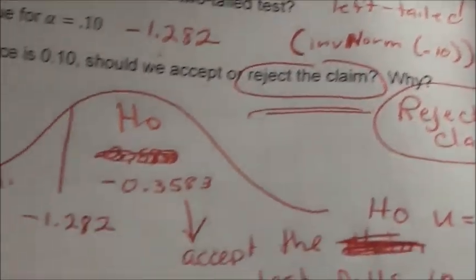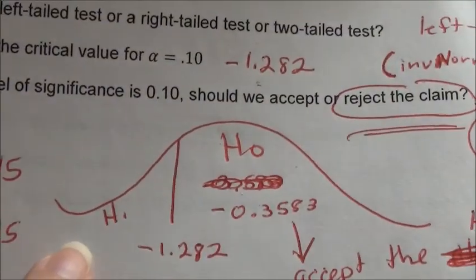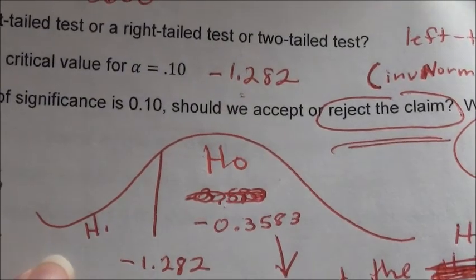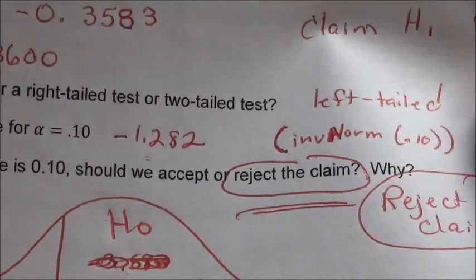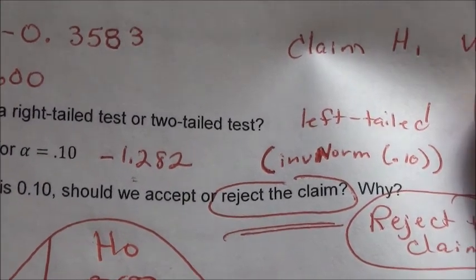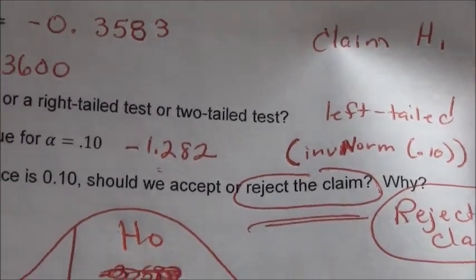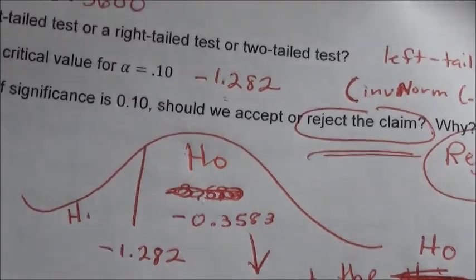If it falls in the critical region, which is the region to the left, then it would be the alternative hypothesis. But if it falls to the right, in this case, it's going to be the null. So what we would do is accept the null hypothesis.